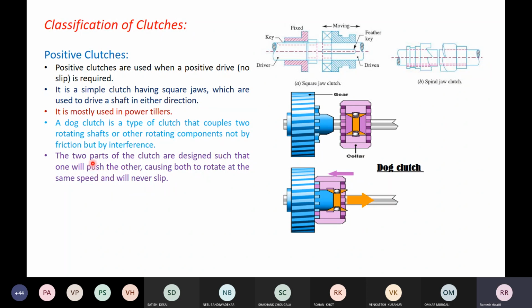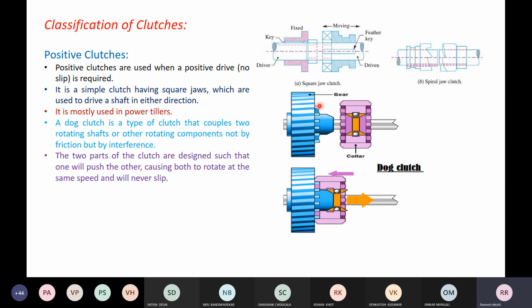In this, the two parts of the clutch are designed in such a way that one will push the other. In the dog clutch or the positive clutch, these are designed such that one will push the other, causing both to rotate at the same speed, and it will never slip.